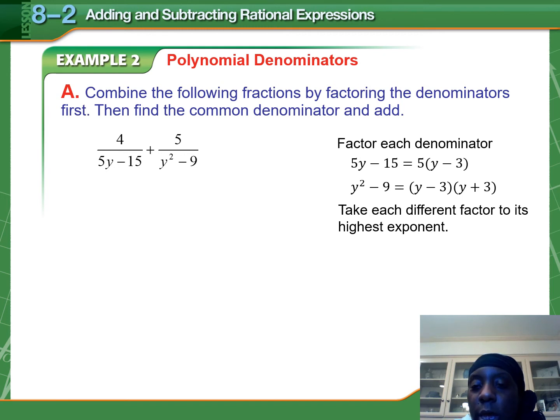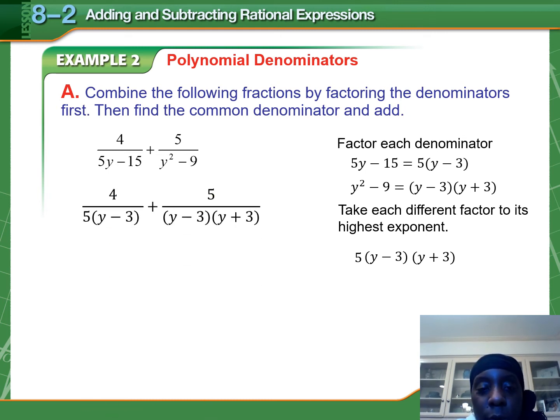The binomial itself is a factor. So y minus 3 is a factor and y plus 3 is a factor because it's being multiplied, so you have to take it as a whole thing. So we need the 5, we need y minus 3, and we need y plus 3. We don't need y minus 3 twice because it's only one in each. So that is taking it to its highest exponent.